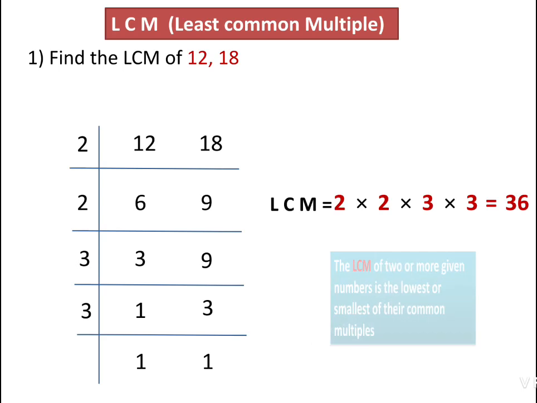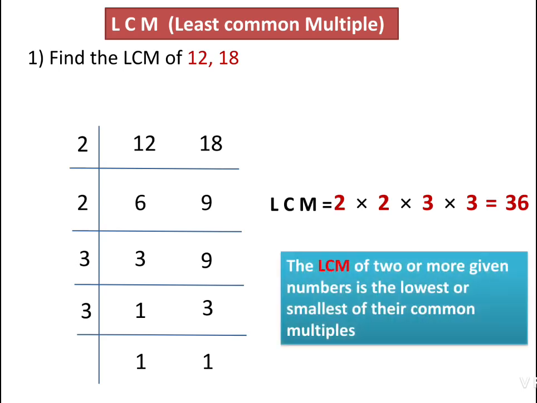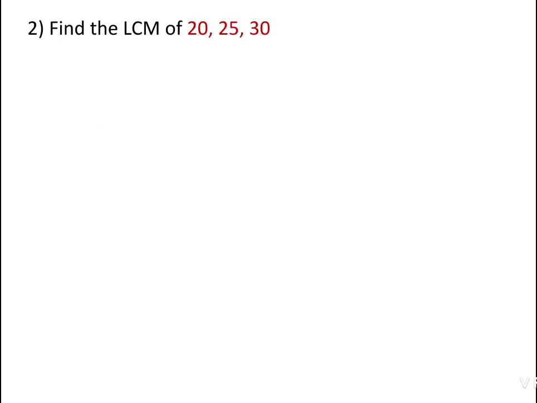So the LCM of two or more given numbers is the lowest or smallest of their common multiples, the least number of their common multiples. That is LCM.